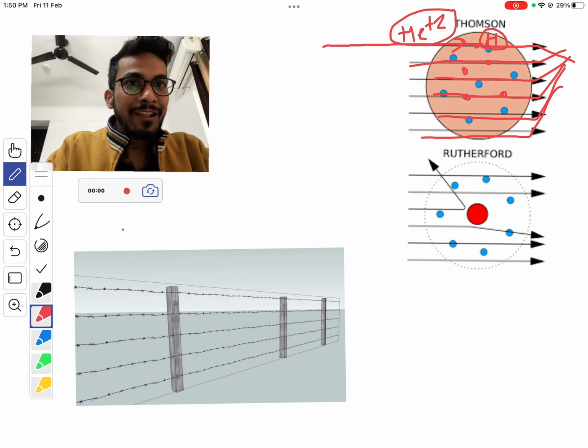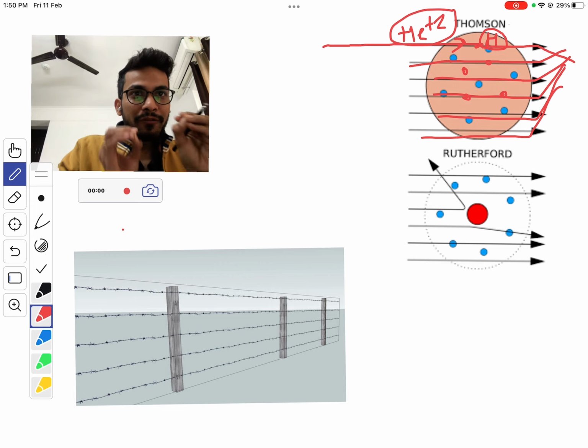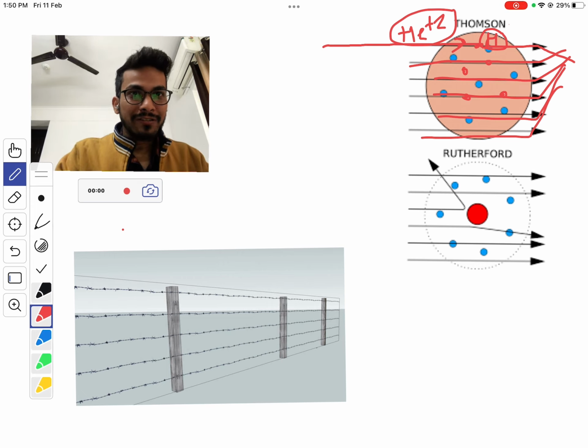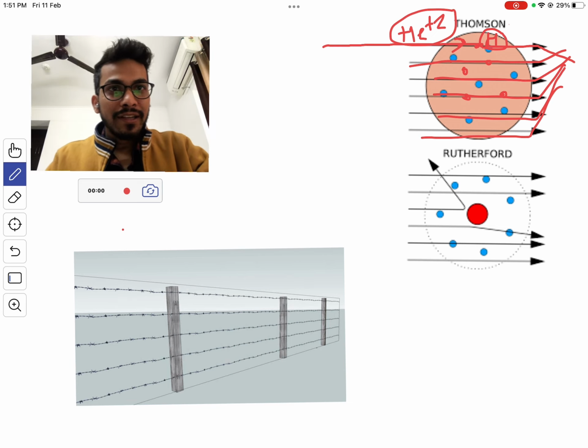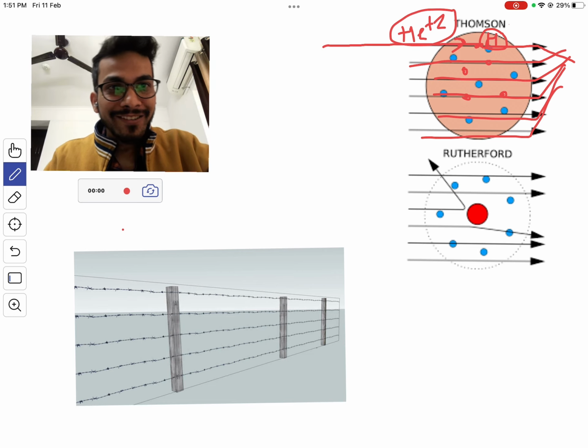Oh my god, how can this happen? 90% of the rays pass undeflected and only a few rays were rebounded back. So to make you understand a little better, let me put forward an analogy in front of you. Just wait, it will be very interesting to see this. You may be able to relate to it better.